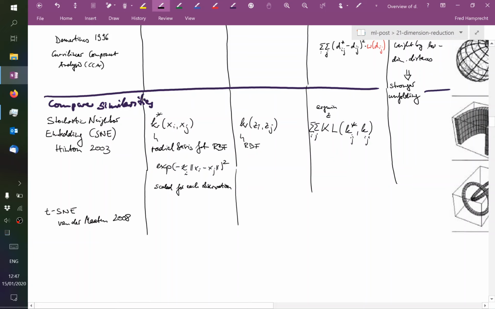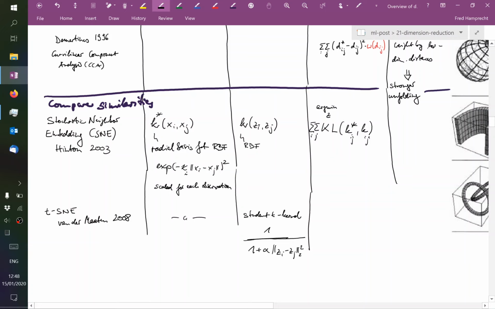They used the same kernel in the high-dimensional space, but in the low-dimensional space, they did not use an RBF kernel, but a Student t kernel. So 1 over 1 plus some parameter times zi minus zj squared.